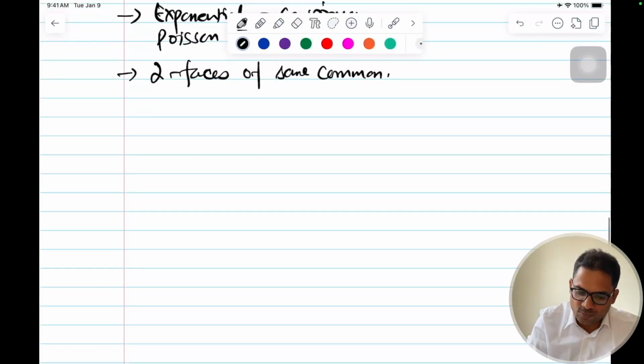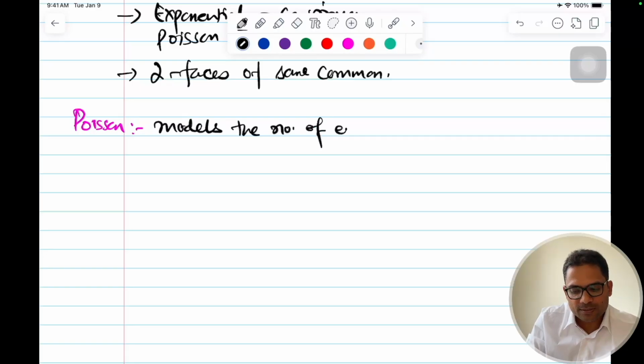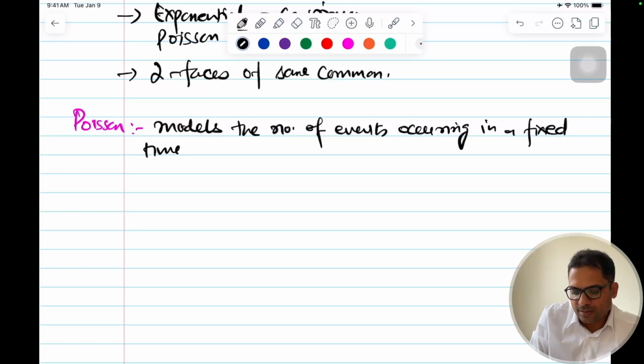So this is our Poisson case. Poisson, what does it model? It models the number of events occurring in a fixed time interval.